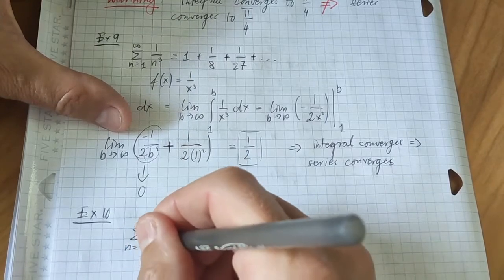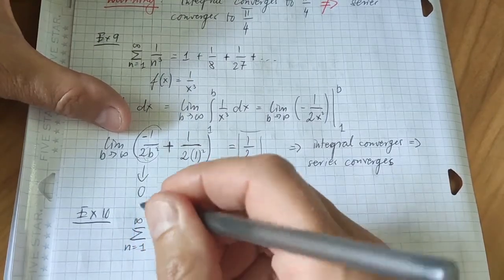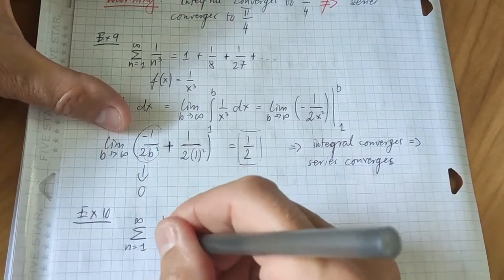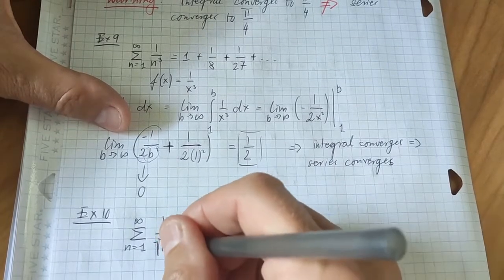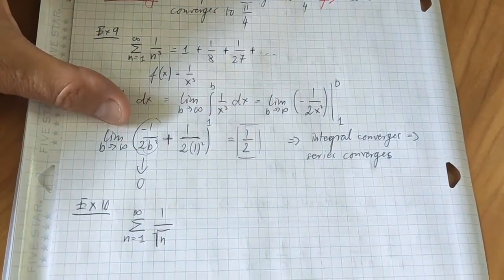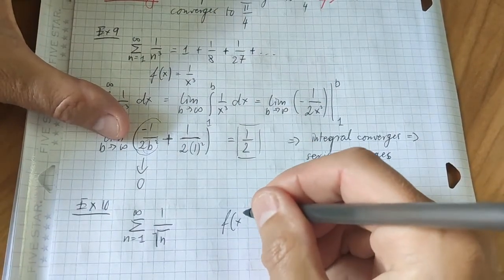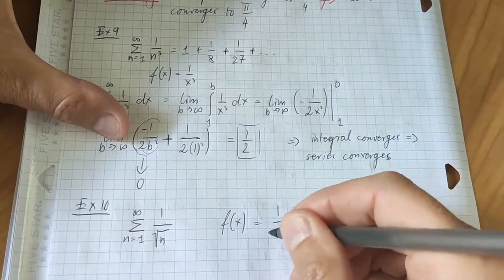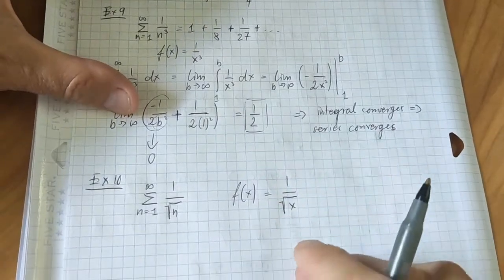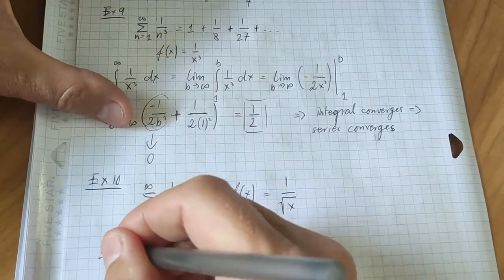So n equals 1 to infinity of 1 over square root of n. So my corresponding function will be 1 over square root of x. And we know what to do.